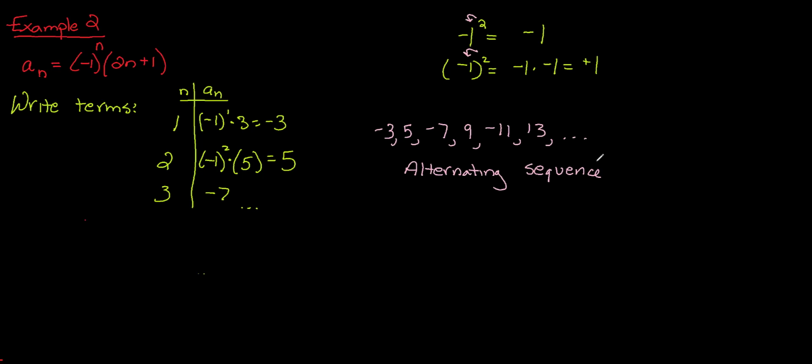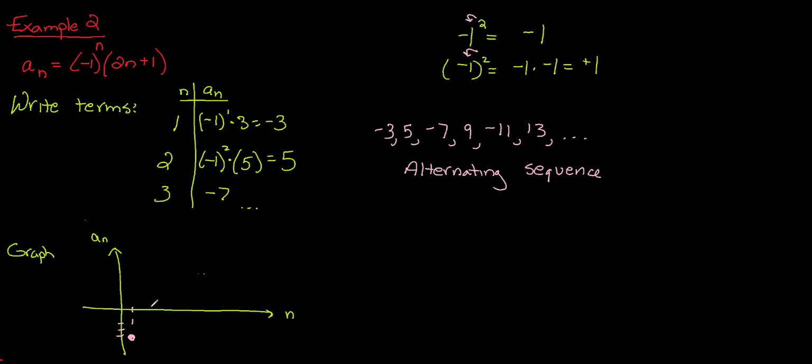Anyways, if we were to draw the graph, I better make some space for this one. Again, my horizontal axis will be n, and the vertical axis will be a sub n. And when n is 1, I have a -3. So 1, 2, 3, I'm down here.